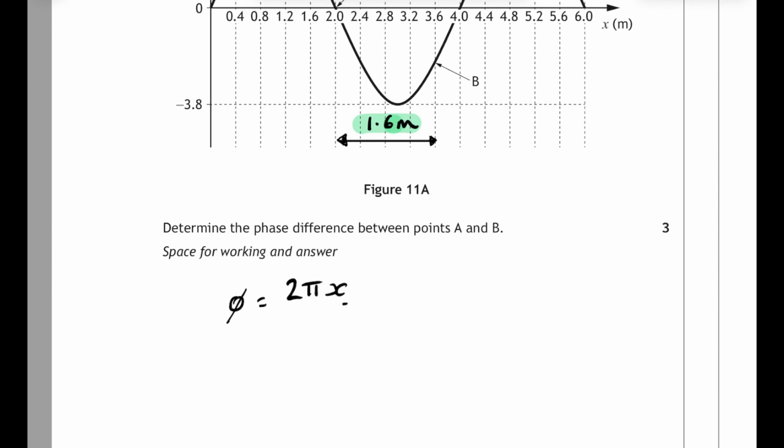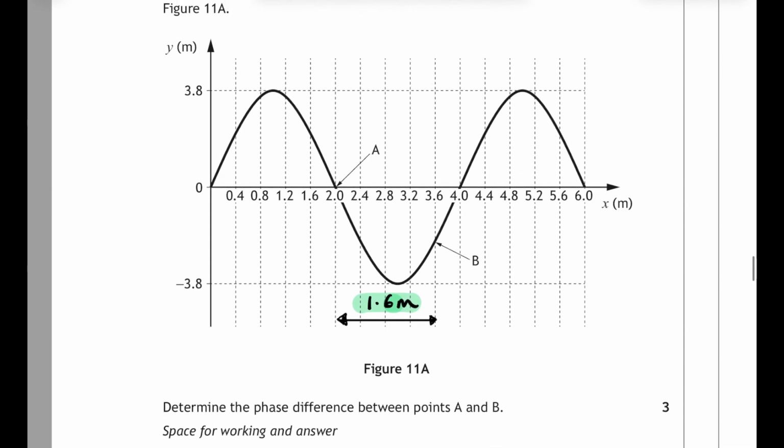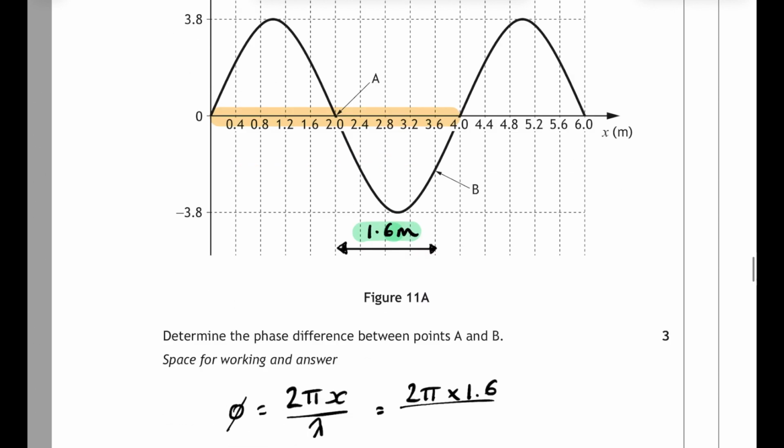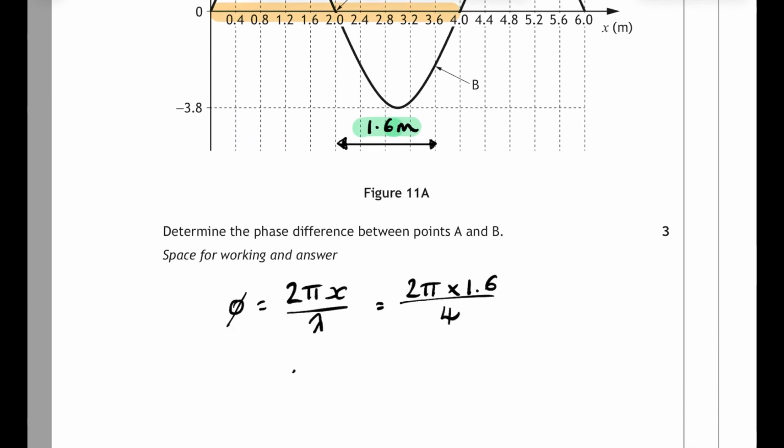It's phi equals 2 pi x over lambda, where lambda is the wavelength of the wave. So if we substitute in the separation of the 2 points along the x-axis, that was 1.6 metres, and the wavelength of the wave, which we can measure horizontally from the origin, it's 4 metres. And you do that on your calculator, you'll get an answer of 4 pi over 5 radians.